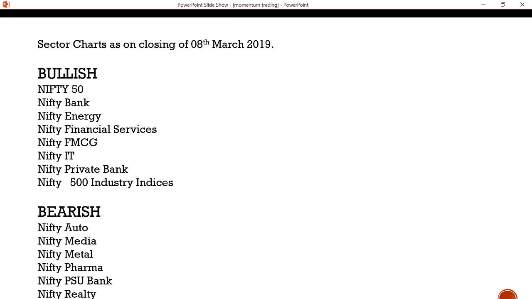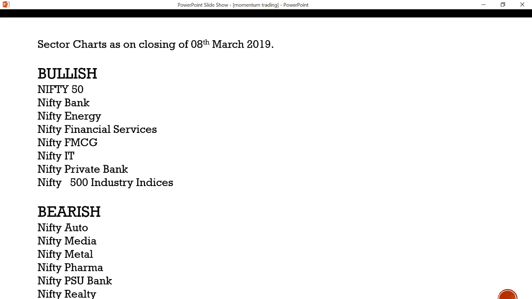So as per the closing of 8th March Friday, these are the sectors that are bullish. Nifty 50 is bullish, bank is bullish, energy, financial services, FMCG, IT, private bank, and also Nifty 500. And the bearish sectors are auto, media, metal, pharma, PSU bank and realty.